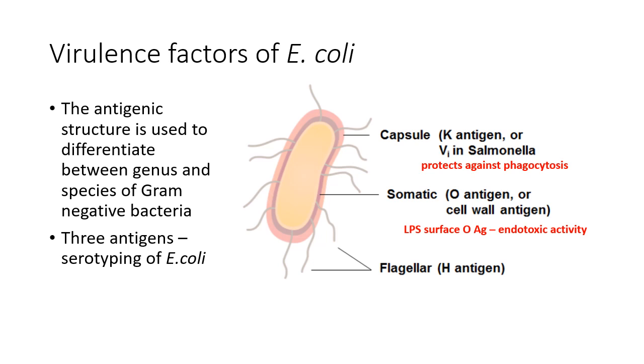These are very important because when we classify E. coli, we give it different serogroup numbers, and you're going to learn them in detail when you learn the systems next semester and also next year.